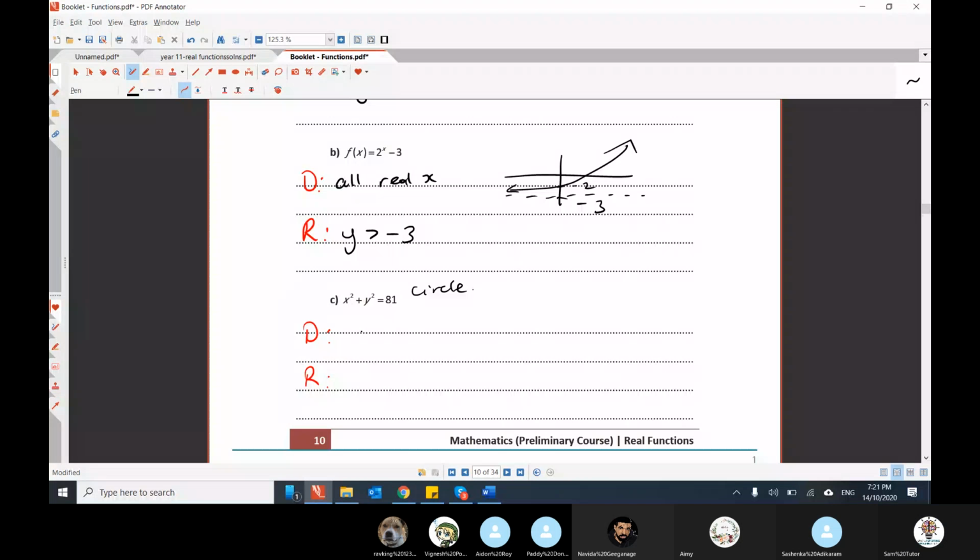D would be -9 and bigger than or equal to 9. Smaller than, smaller than. Oh yeah, smaller than. There you go.